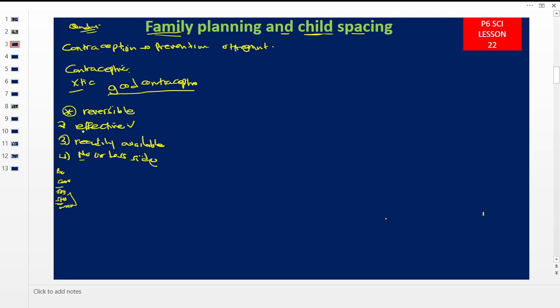Okay, now after understanding this one, let us now come to family planning. So what does this word family planning mean? It doesn't mean to sit on a table and then you start saying now let us see, maybe tomorrow we eat food, today we drink water, yesterday we went to this, tomorrow we shall do this. It's not that.